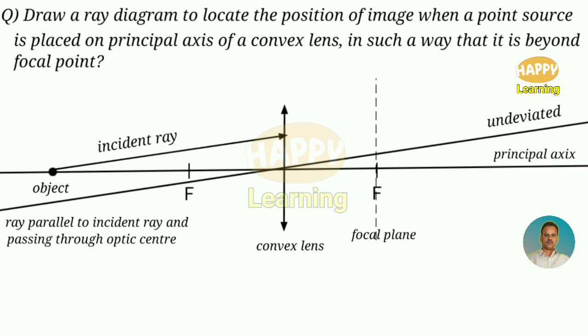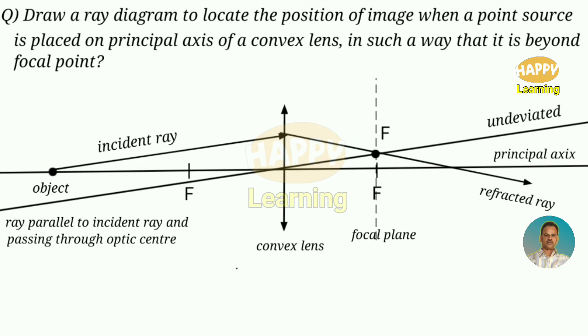Now draw the refracted ray for the incident ray such that it passes through this focal point. Now these two rays are intersecting at this point that is called focus, which is a point on the focal plane.